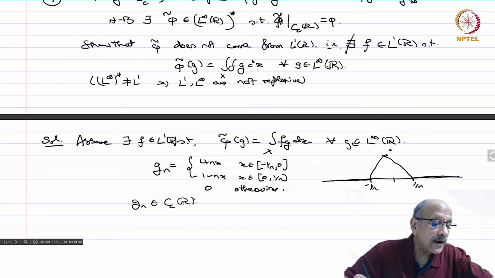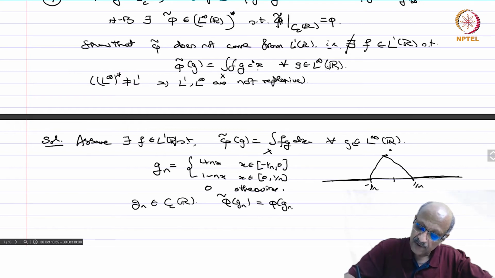Okay, and you have phi tilde of g_n equals phi of g_n, and that is equal to g_n(0), which is equal to 1.